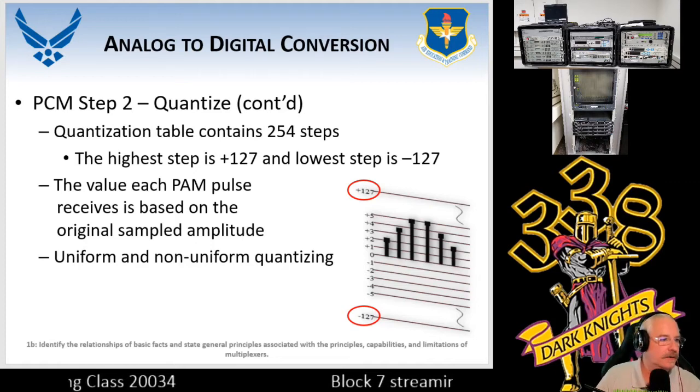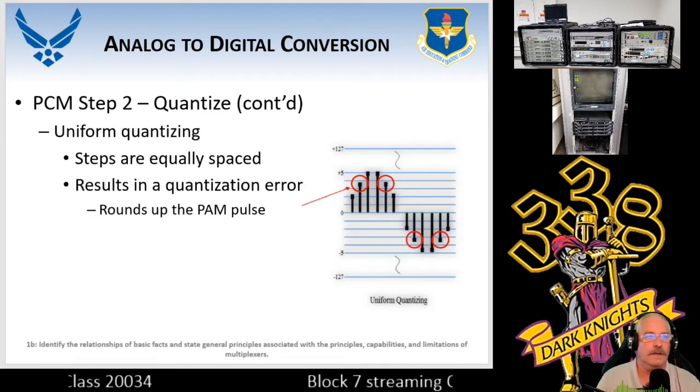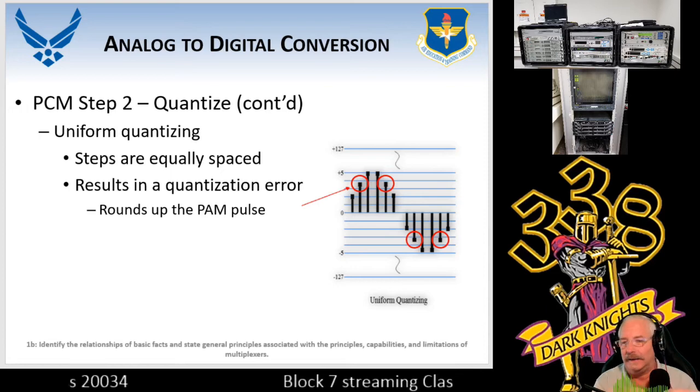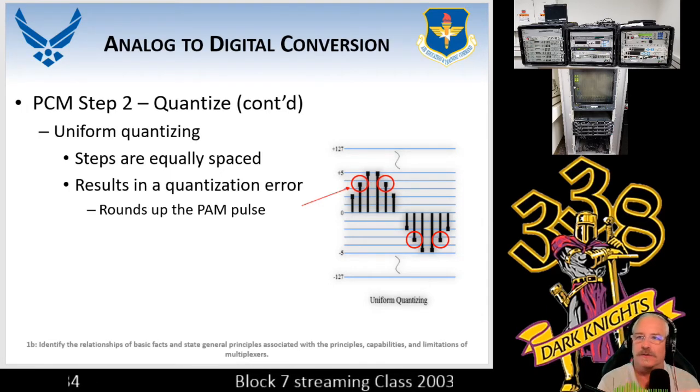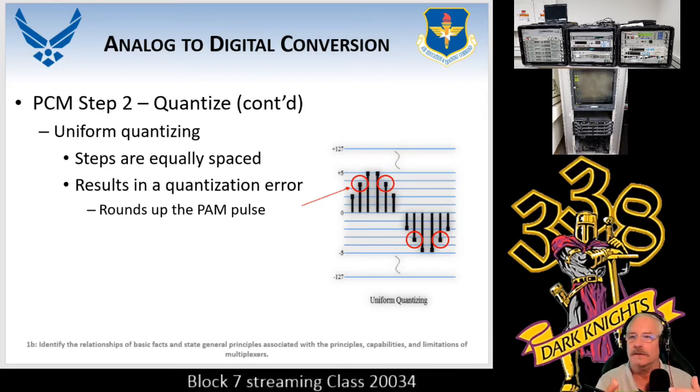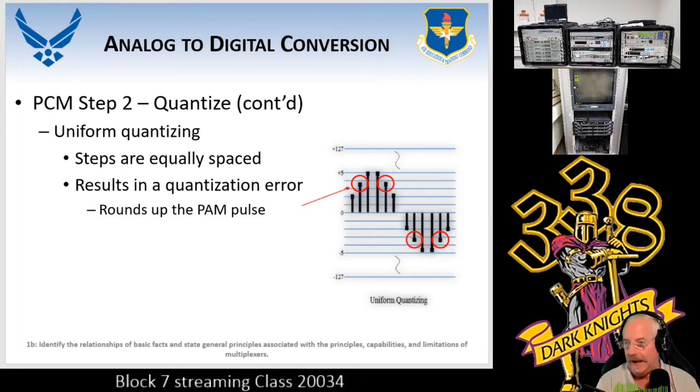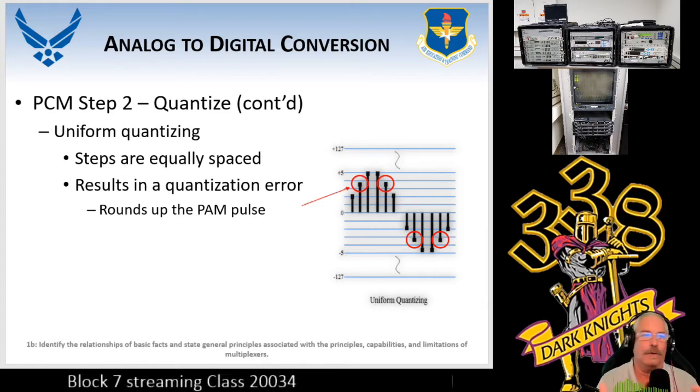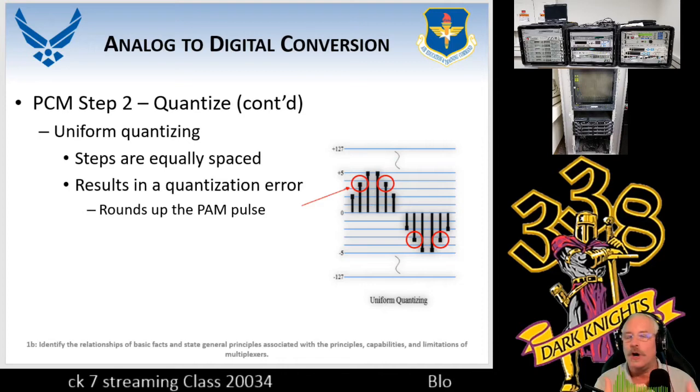In other words, we have this thing called uniform, and the problem with uniform quantizing is sometimes those pulses fall in between the lines. Well, that's not good because you can't give it a point whatever, because 8-bit words don't do that. It's either it's a 1 or it's a 2, it's a 4 or it's an 8. There's no way to get in between those numbers with a decimal point.